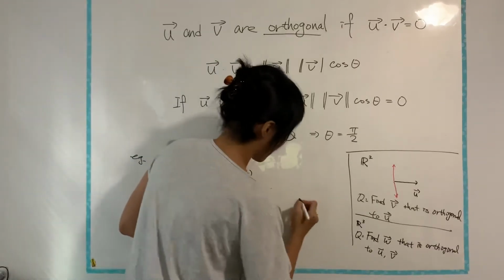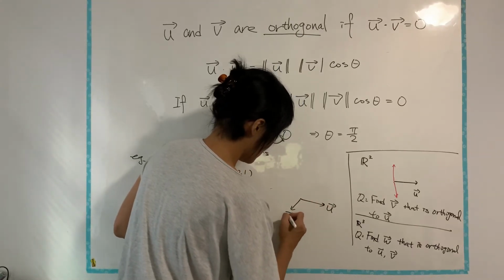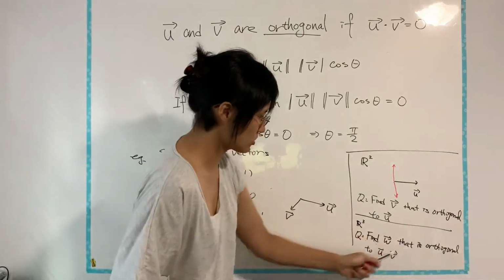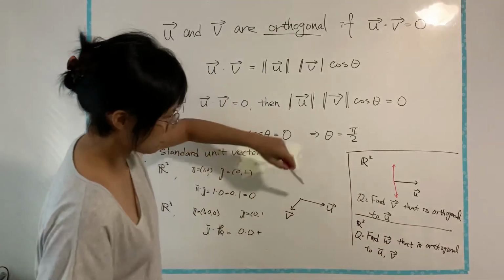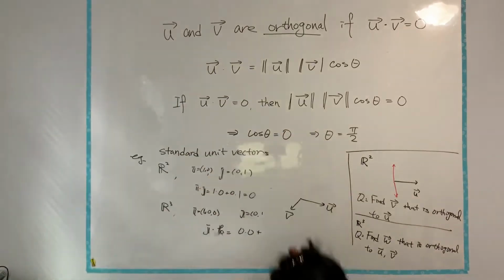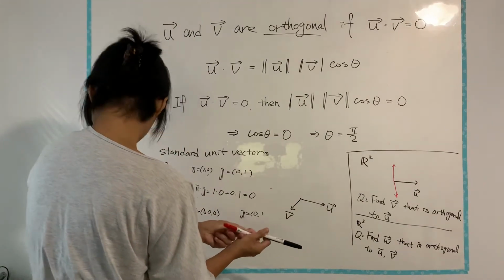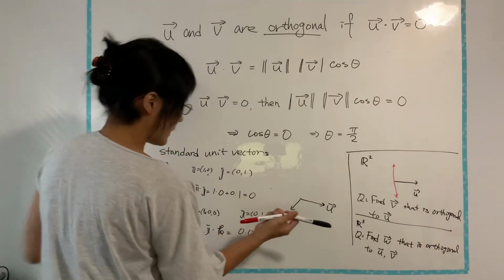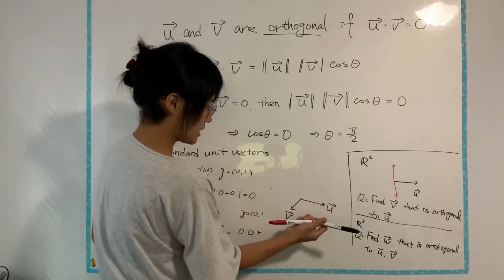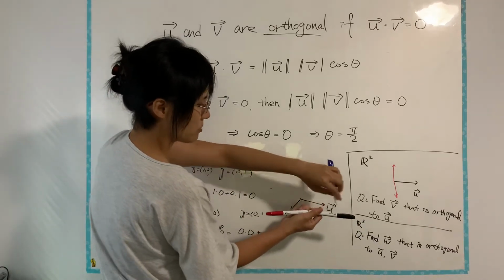So that's saying in R3, I have vector u here, I have vector v here. And I'm looking for something that is orthogonal to u and v. So let me use a 3D. So I have a vector u here, the black pen. I have a vector v here, the red pen.